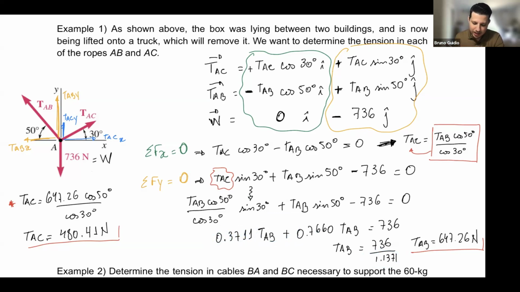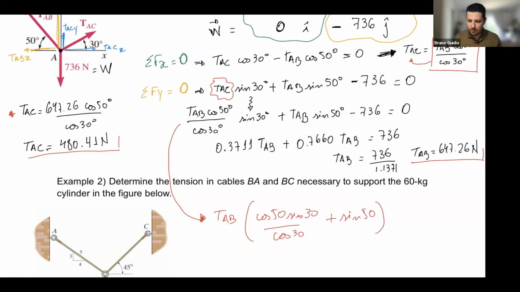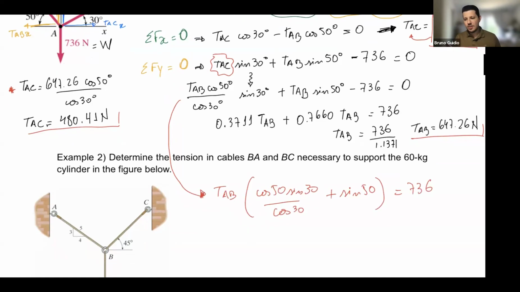For example, just write down this one here. Some guys like to do the following. I'm gonna delete this, but from this one, guys like to do the following. TAB is gonna be cosine of 50, sine of 30, cosine of 30, plus sine of 50. Some of you like to do that. Equals 736. I have no problem.